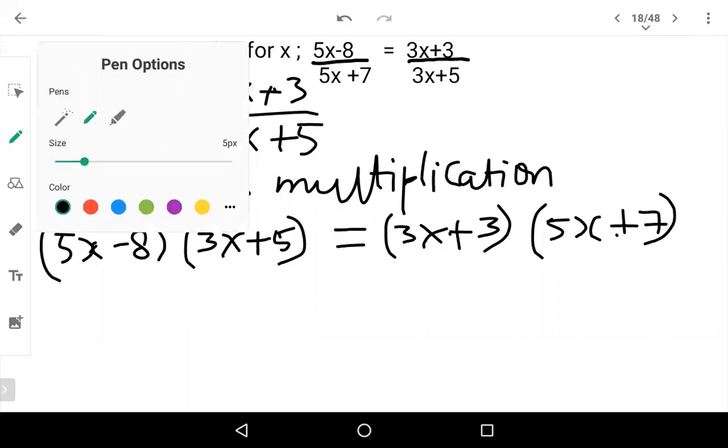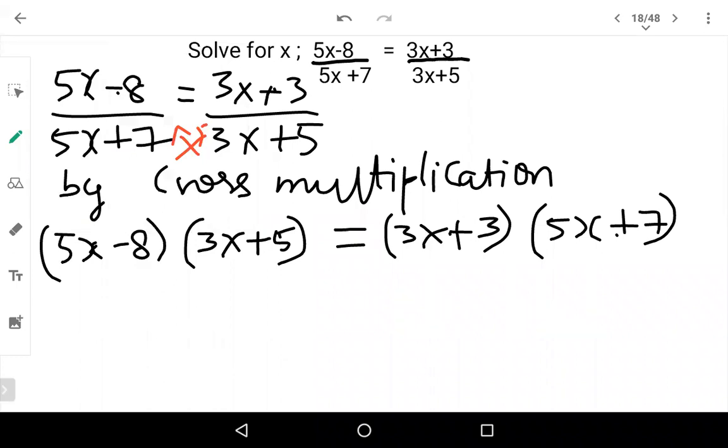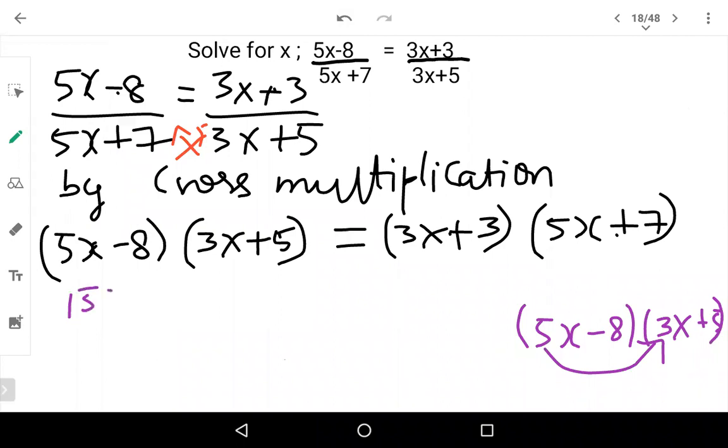Now for multiplying the equations, we will be taking (5x - 8) into (3x + 5). Fine. So 5x into 3x will give me 15x².